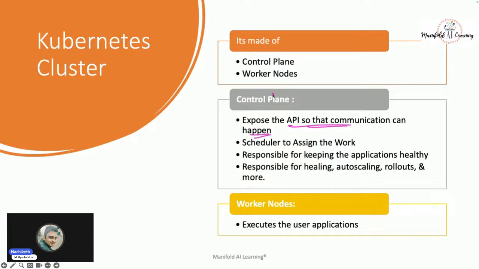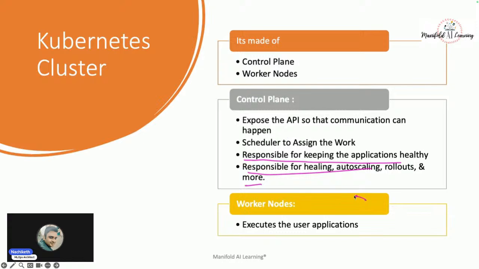That means even as an end user, if I want to interact with my Kubernetes cluster, I'll make use of this API server. And we have the scheduler, which is part of the control plane, and the scheduler is there to assign the work to the worker nodes. The control plane is responsible for keeping the applications healthy, and for healing, auto scaling, rollouts, and many other things.